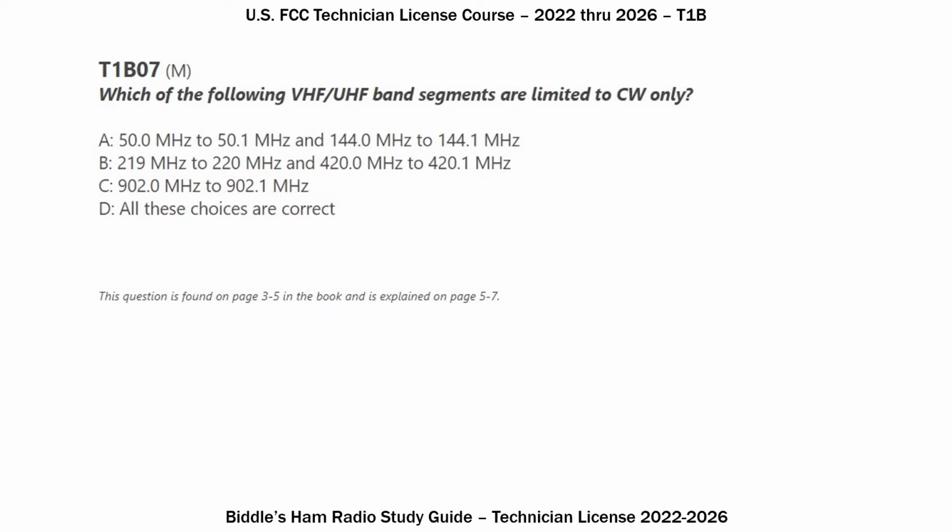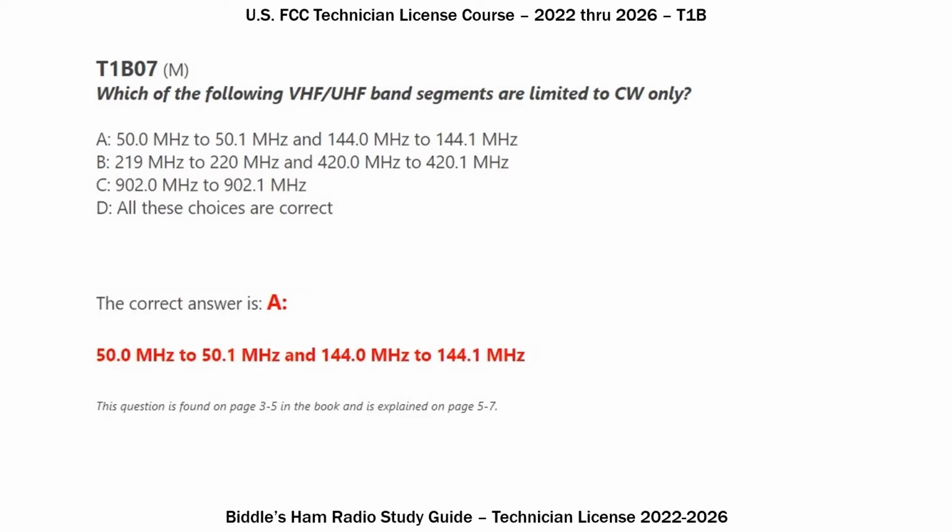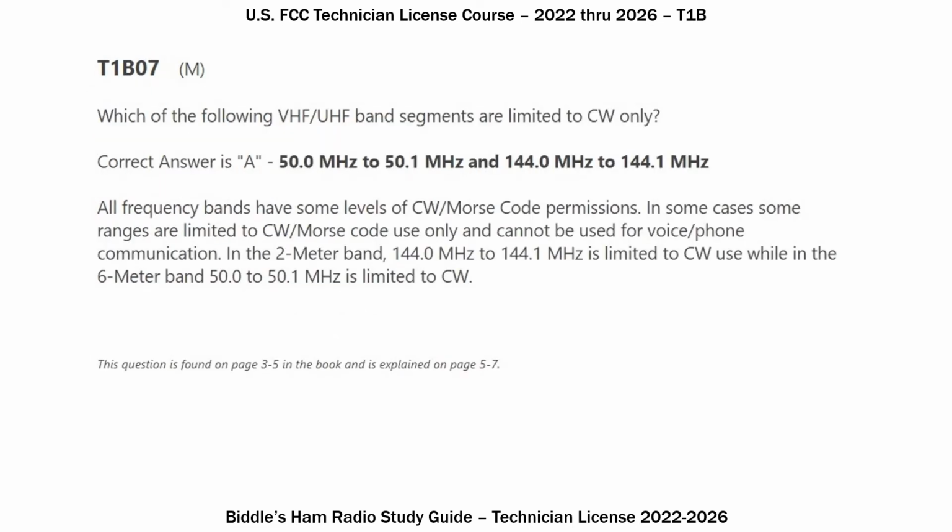B, 219 megahertz to 220 megahertz and 420.0 megahertz to 420.1 megahertz. C, 902.0 megahertz to 902.1 megahertz. Or D, all of these choices are correct. Our answer is A, 50 megahertz to 50.1 megahertz and 144 megahertz to 144.1 megahertz.